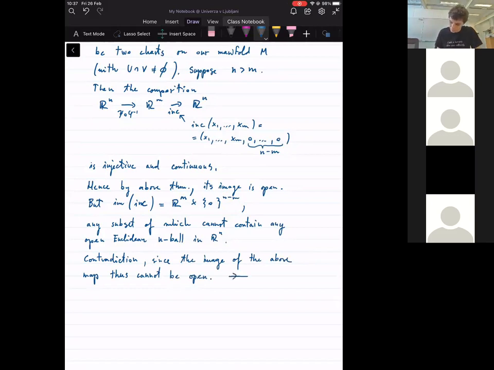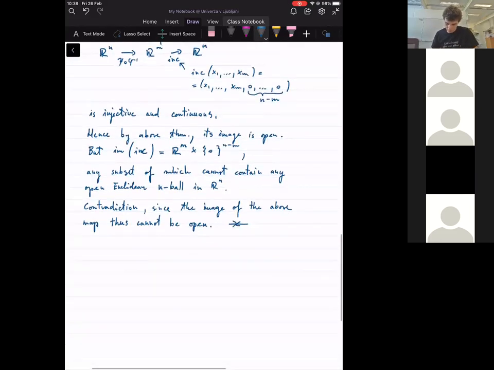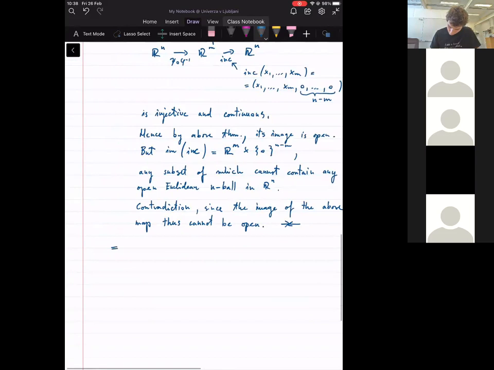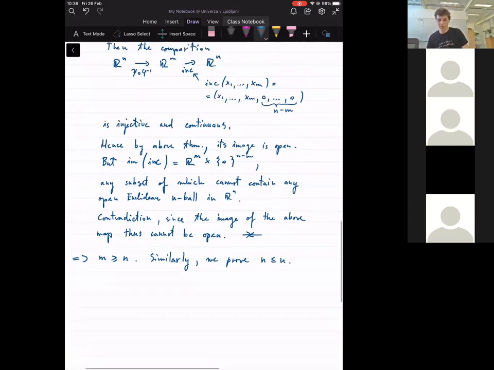So this would be the end of the proof that there must hold m is greater or equal to n, right? Now just in the other direction, right?